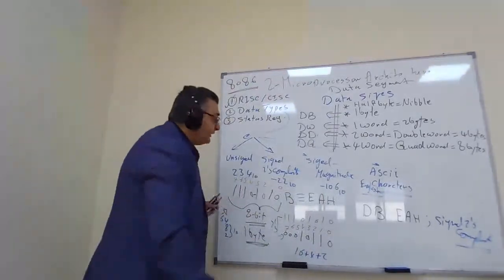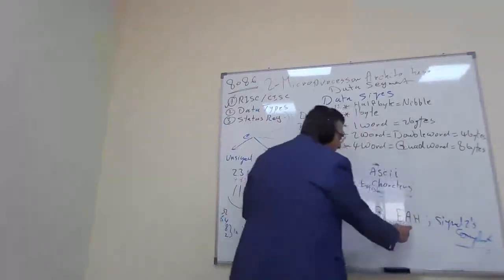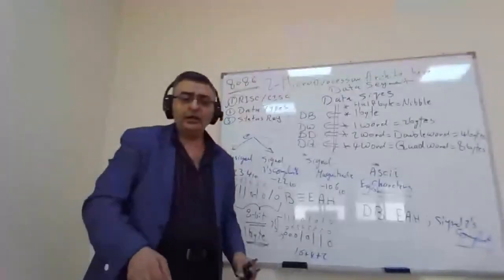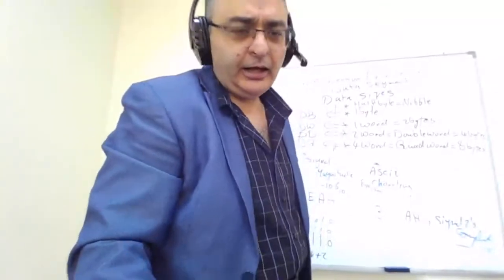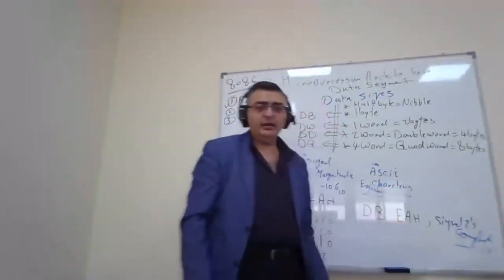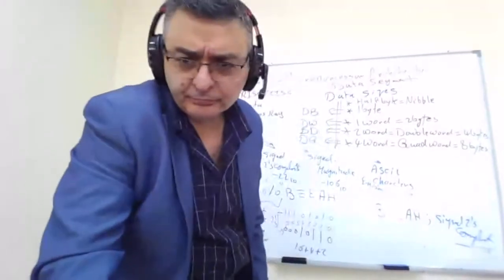Perfect. Okay. What if I meant to store here AE as ASCII? I go to the ASCII table. We have what's called the ASCII table. Okay? We look in the ASCII table for the character that is written as an EA. Did anyone find it? Not there? Then this can't be ASCII.